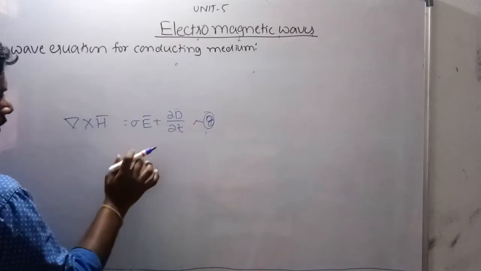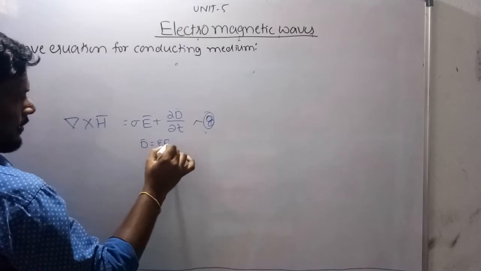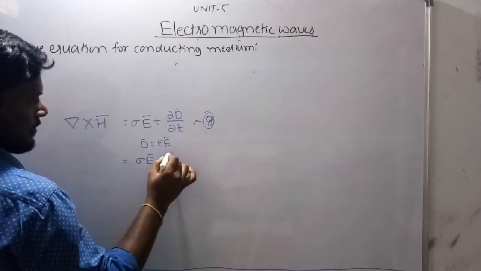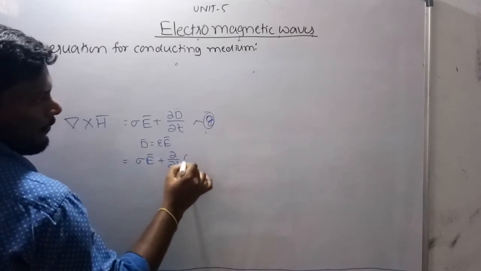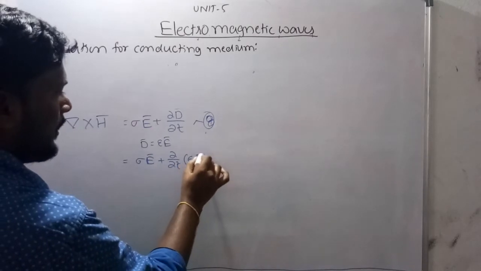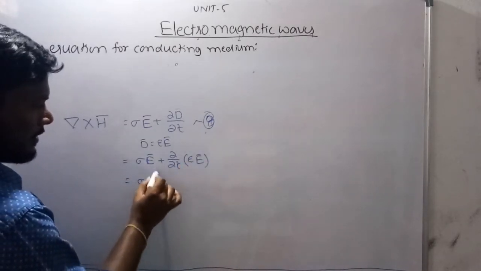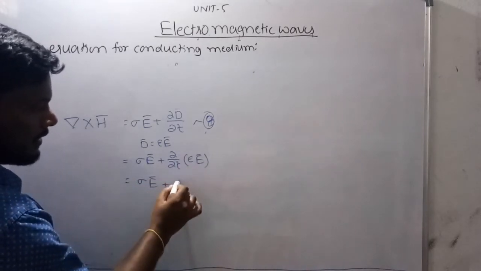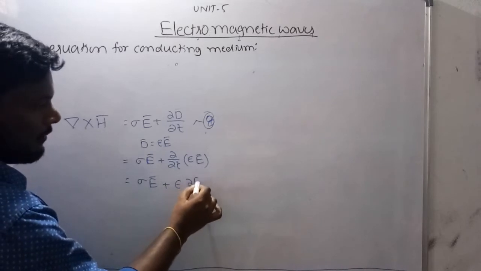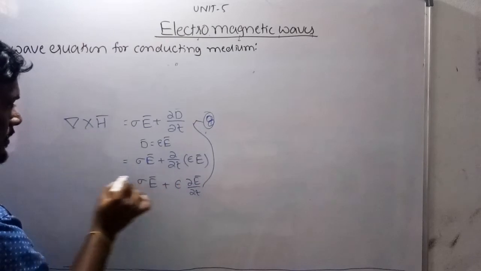After substituting D bar equals epsilon times E bar, you will get sigma times E bar plus dou by dou t of epsilon times E bar. Epsilon is a constant, so you can write it outside of the differentiation term, and it becomes epsilon times dou E bar by dou t. This is equation 8, just modified.